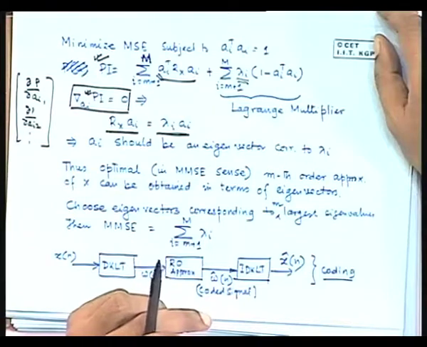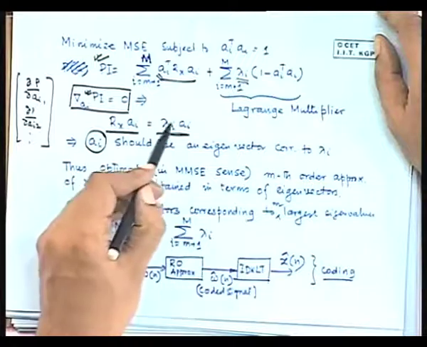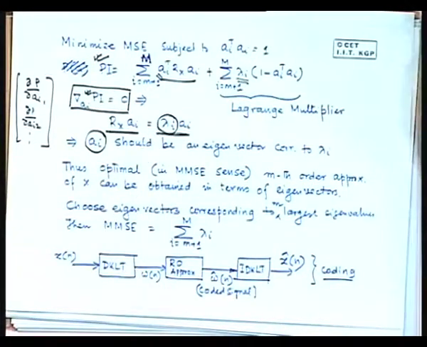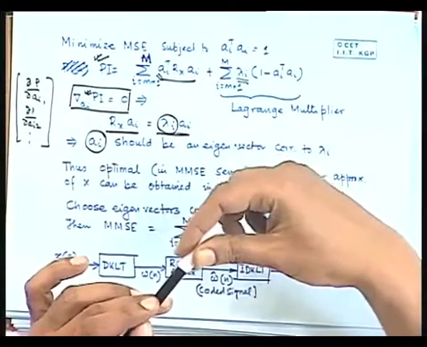So for minimum mean square error, these should be eigenvectors and these should be eigenvalues. Now see the importance: if you want to send a smaller number of components and still commit the least amount of error, then when you are sending those wi's, you should decompose on the basis of eigenvectors. Now which eigenvectors?